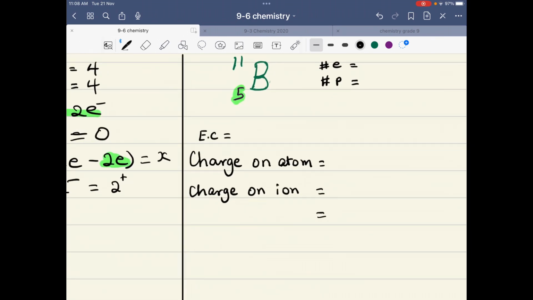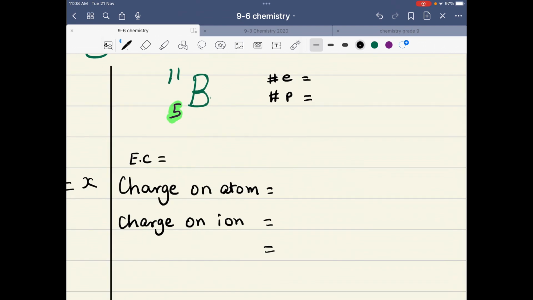Let's look at boron. Boron is the next element, and as you can see, it has an atomic number of 5. This tells you that boron has 5 electrons and 5 protons. So the electronic configuration of boron is 2, 3, which shows that it has a valency of 3.